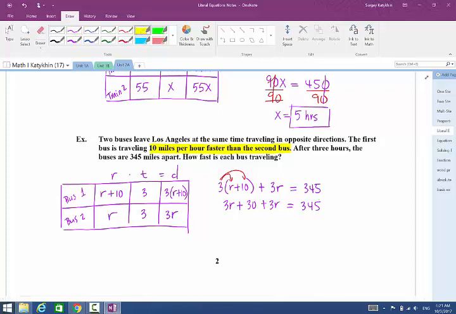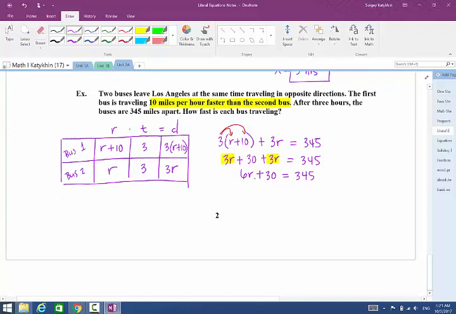Notice in this problem we do have like terms. So the 3R plus 3R gives us 6R plus 30 is equal to 345. Now let's go ahead and solve for R to find out what the rate is.